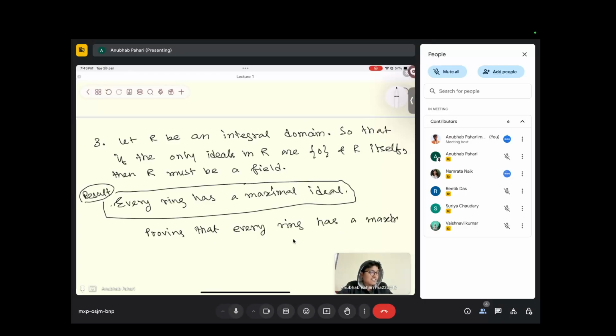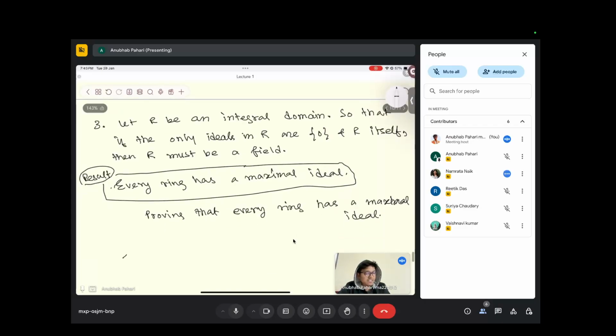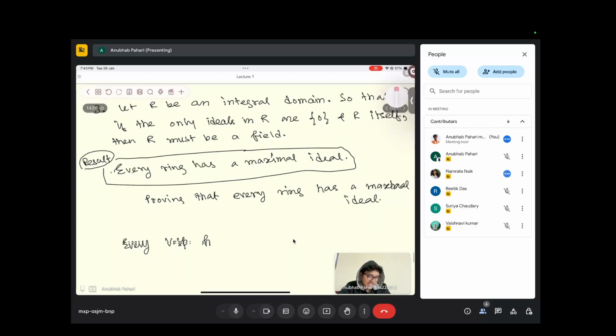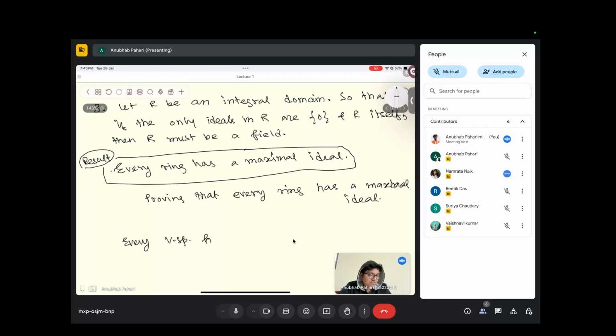Like you learnt in linear algebra that every vector space has a basis. Sir has proved this in his video. That is fine, but I was trying to avoid this theorem.